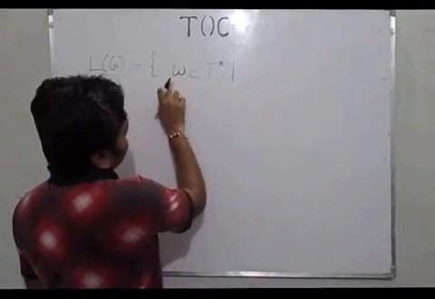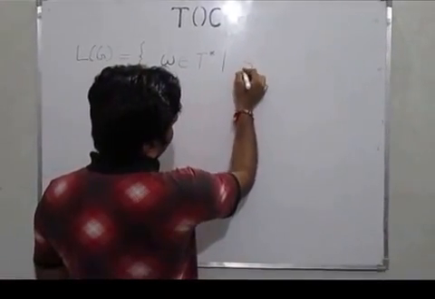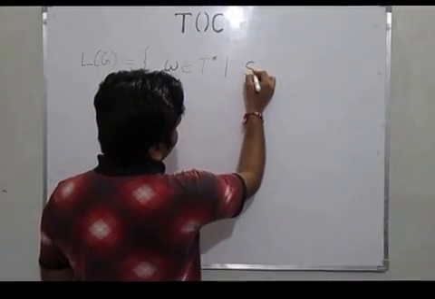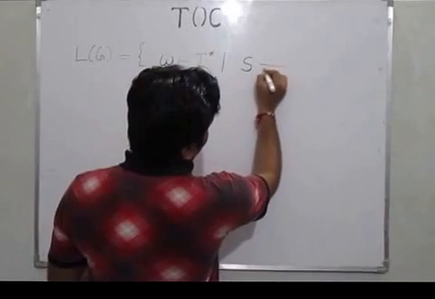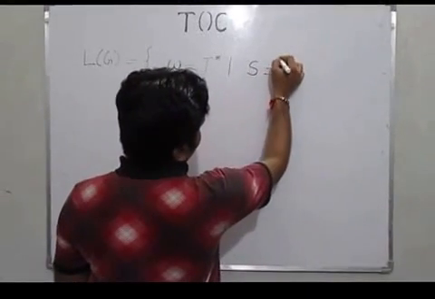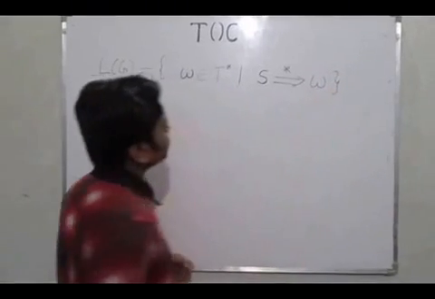In order to obtain these strings, what we have to do in a grammar is start with some start symbol, and through a set of productions we have to obtain this string.